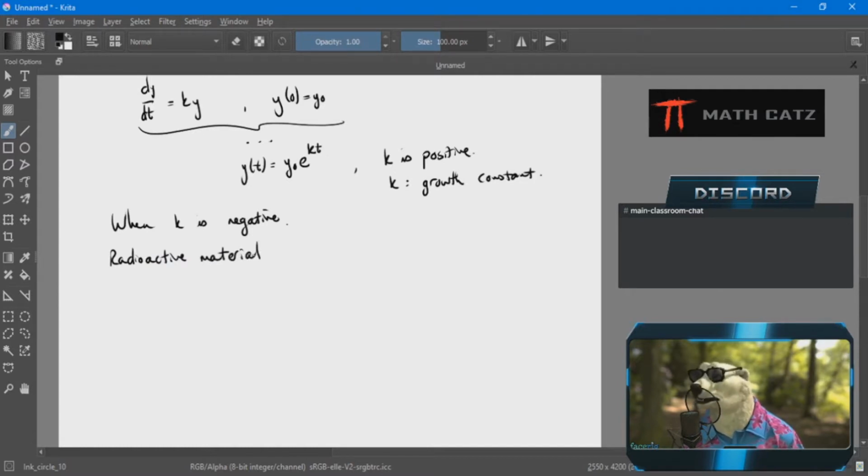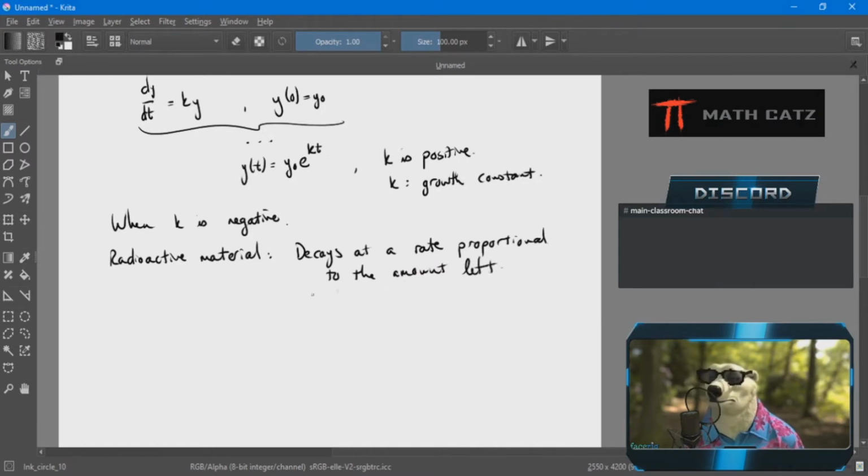various radioactive substances, there the substance decays, becomes less at a rate that is also proportional to the amount left at that time.